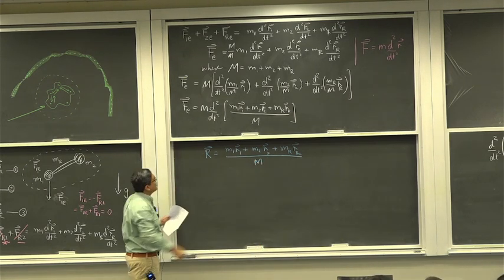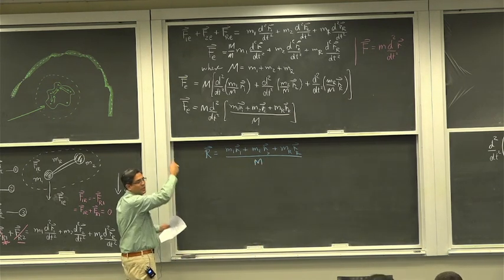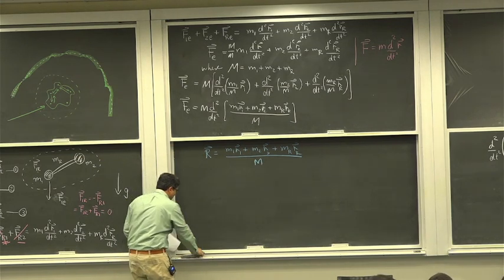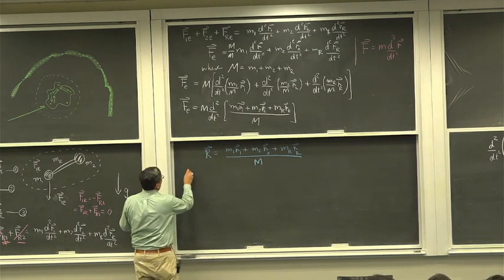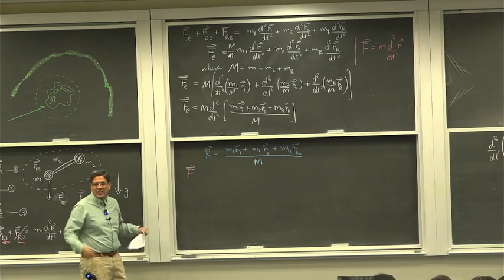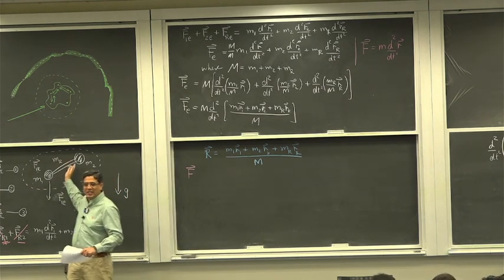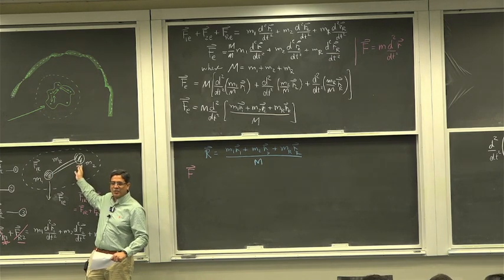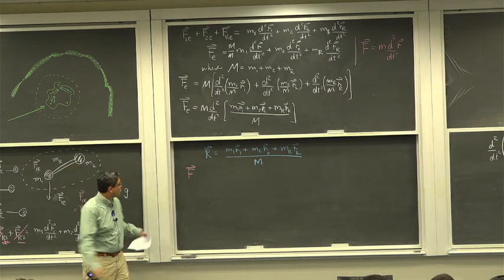I've just defined something and now I substitute it back and rewrite Newton's second law, or the equation of motion for a system of particles that we are dealing with, a system of three particles, two particles attached through a rigid rod to each other.